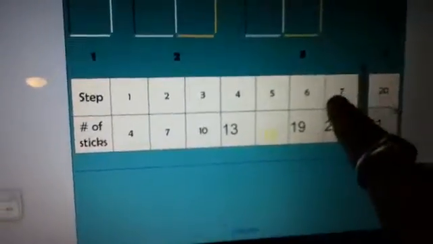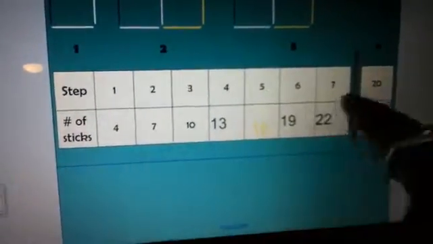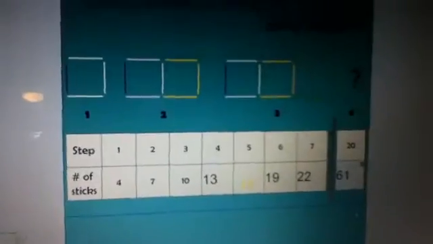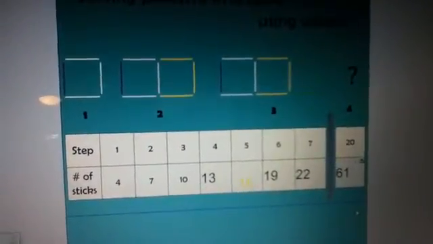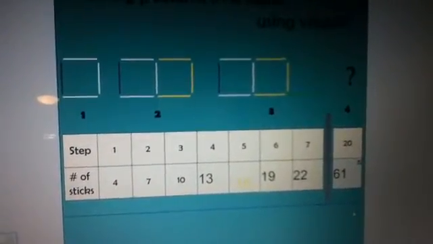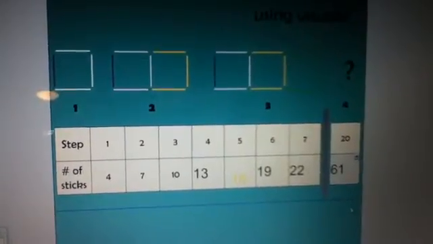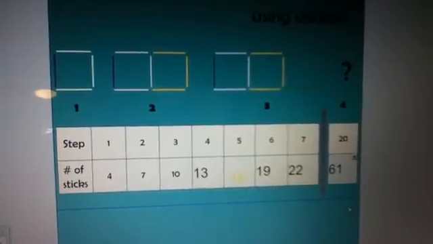It wasn't back to back after these. So there you go. That's how you find an algebraic rule, by using help from your visual diagrams and investigating the patterns and coming up with an algebraic rule.